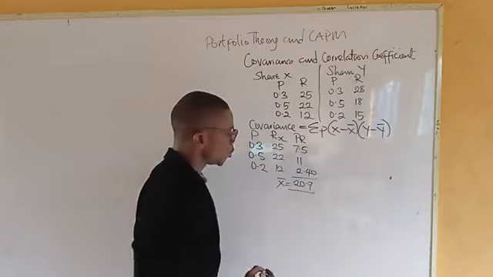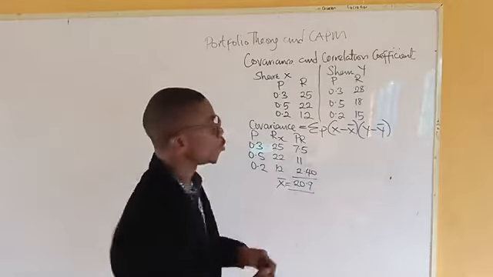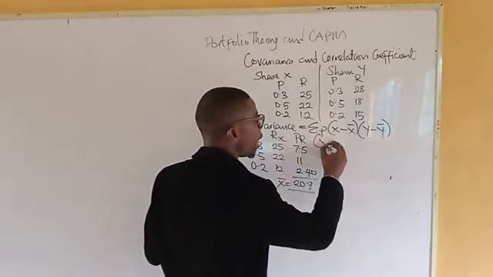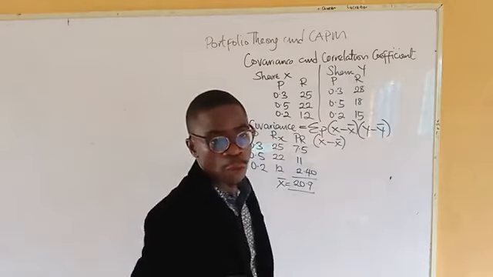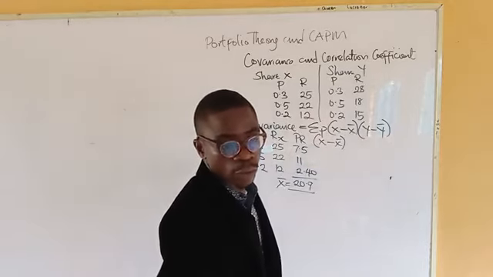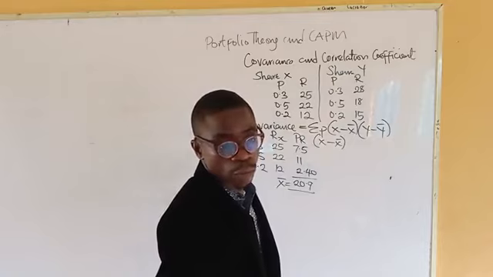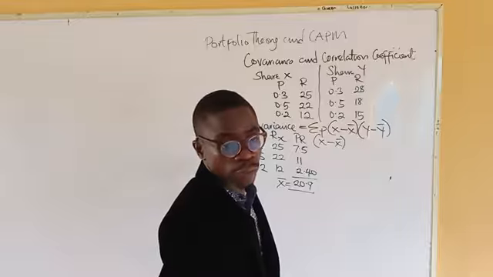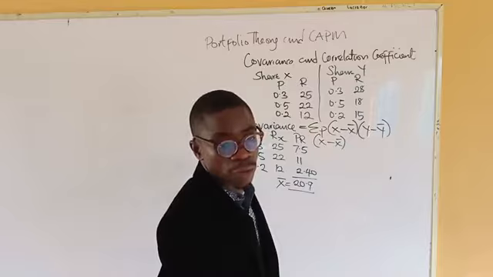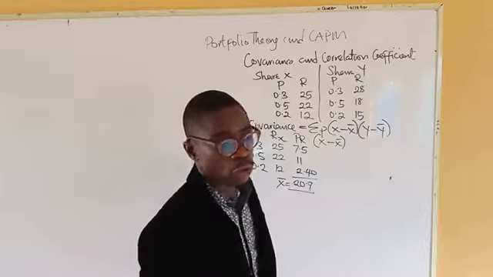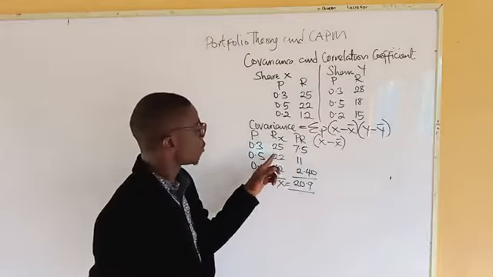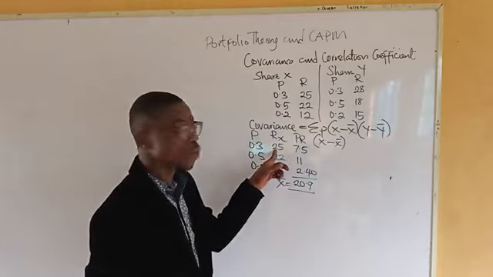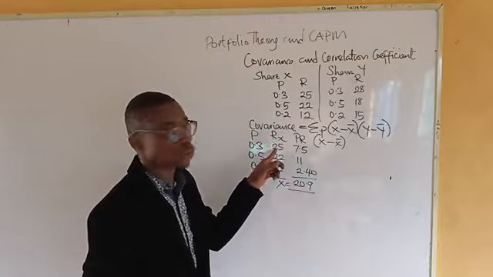Thank you. So now let's look for our x minus x bar. Are we together? What's our x? 25. That's why I said Rs.